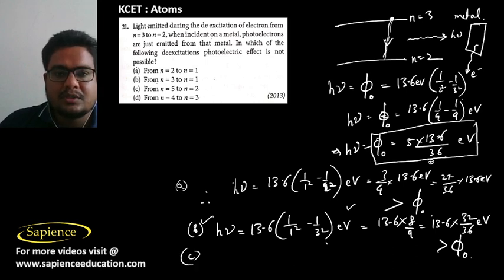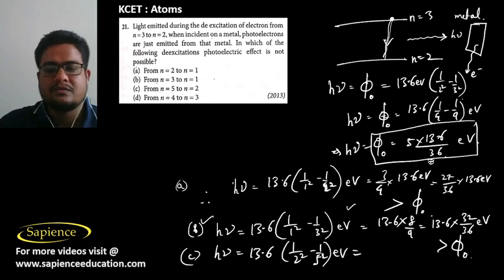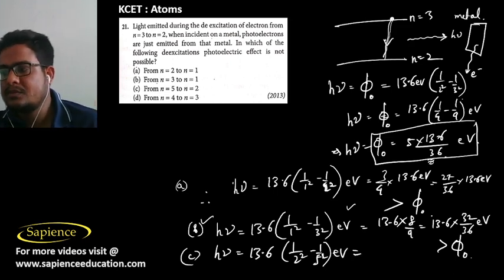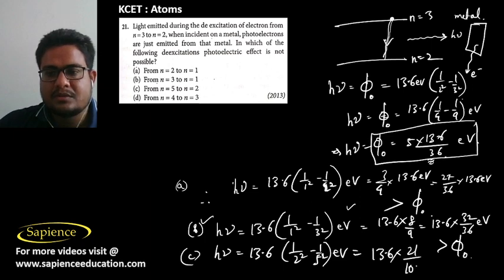Then in option C, the energy of the photon is 13.6 into (1 by 2 square minus 1 by 5 square), since it is going from n equal to 5 to n equal to 2. That is 13.6 into (25 minus 4) by 100, that is 21 by 100.